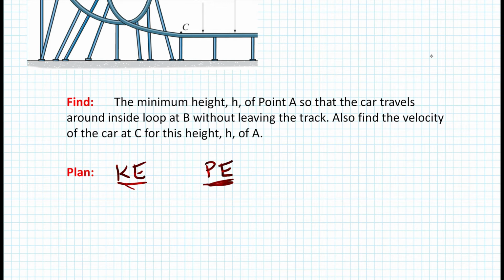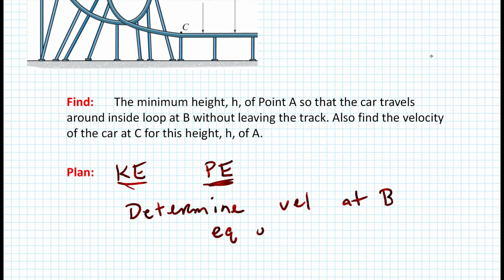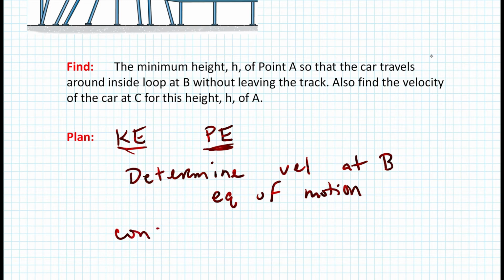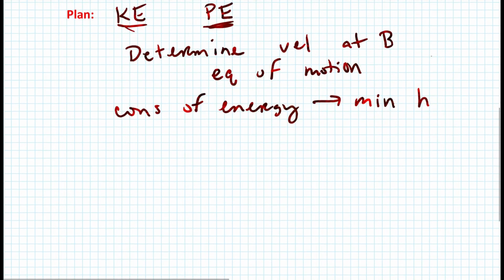So we're going to determine the velocity at B using equations of motion, and then we'll apply the conservation of energy equation to find the minimum height h. Okay, so let's go to our solution.